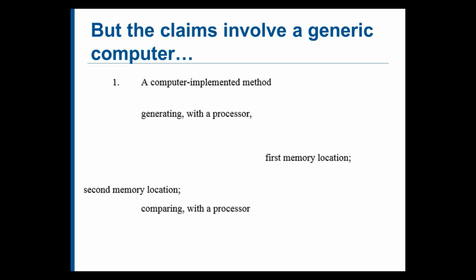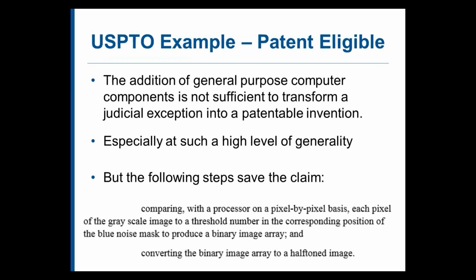Well, if that's the case, a general purpose computer does not transform an abstract idea into a patentable invention. And here, this was such a high level or generic computer that it certainly would not transform this into a patent eligible invention. However, the examples document noted that in fact several steps actually saved the claim because it ended up that they provided something more.